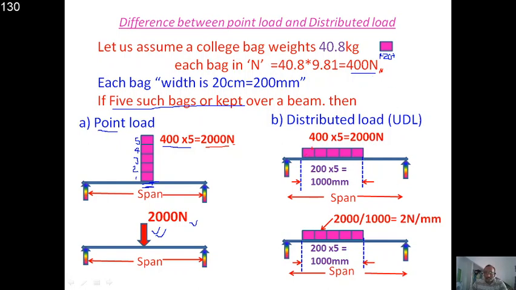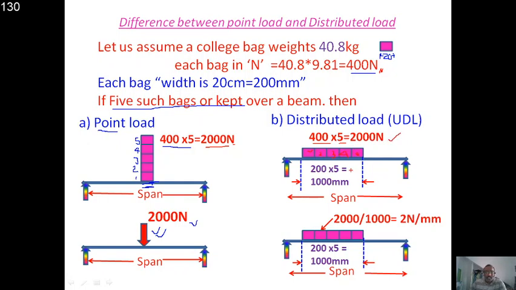So here bag 1, bag 2, bag 3, bag 4, bag 5, total 5 bags, and adding 400 into 5 bags similarly gives 2000 newtons.